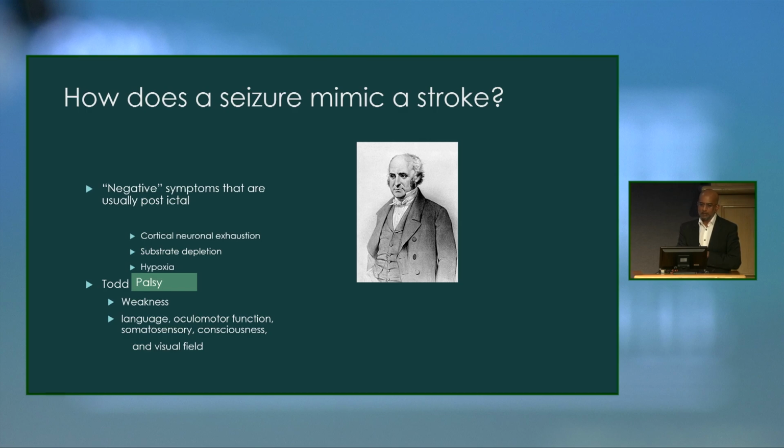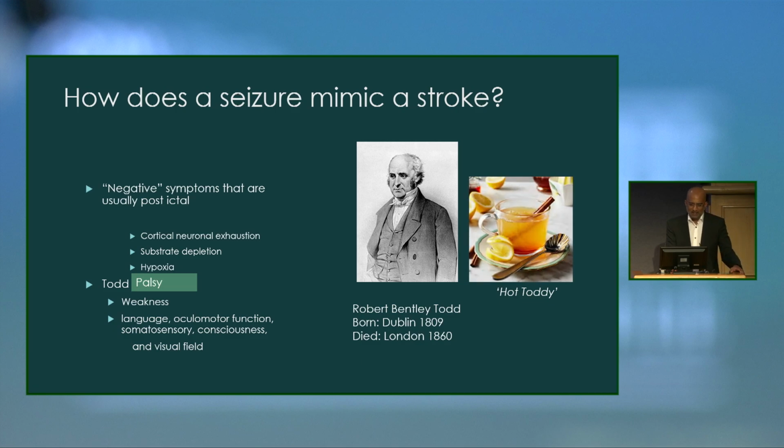Apart from being accredited with Todd's palsy, there's something else some have accredited him with, and that's the hot toddy. Apparently he prescribed this to his patients, a concoction of brandy, cinnamon, lemon, and a syrup. If you know, you know, it seems.